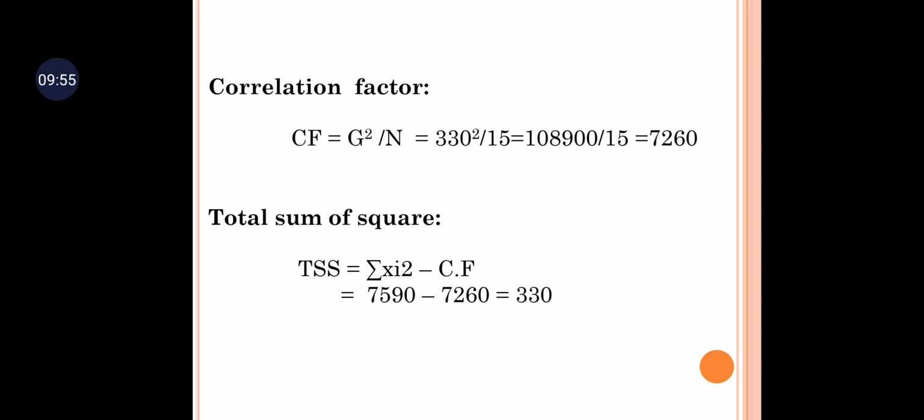This is the correction factor value CF. The total sum of squares, TSS, is the summation of xi square minus the correction factor. We square all the individual values and subtract the correction factor, so TSS is 330.